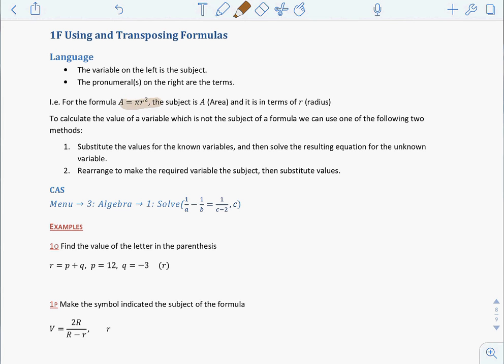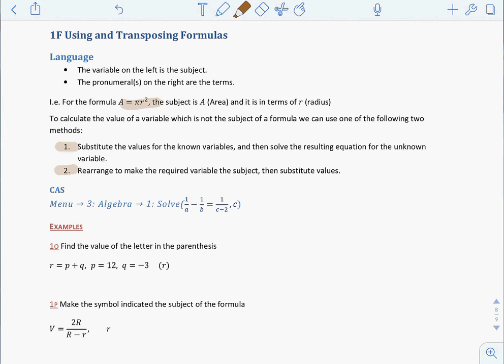To calculate the value of a variable which isn't the subject of a formula, there are two methods. The first one is just to substitute any known values in, simplify it, and solve it for the resulting unknown quantity or variable. The other option is to first rearrange it to make the required variable the subject, then substitute in values.